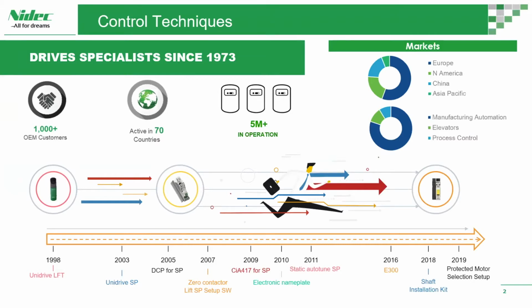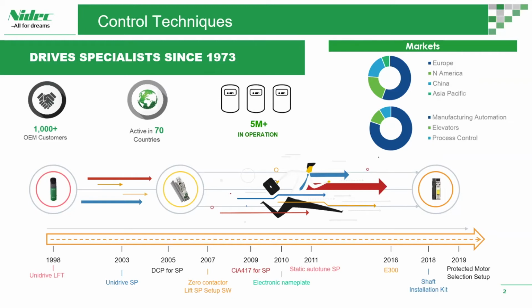While most of what we do is to do with manufacturing automation, the same sort of technologies have been used successfully in the elevator industry as well. The elevator industry is a big part of our overall portfolio.